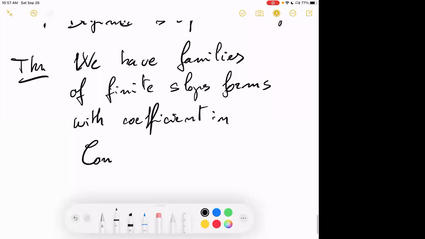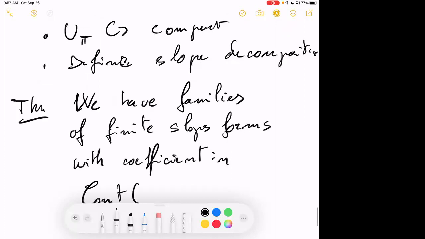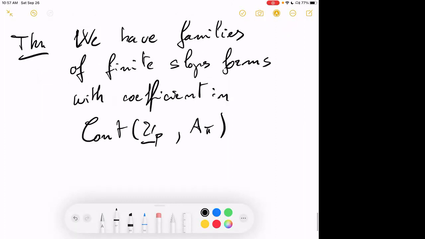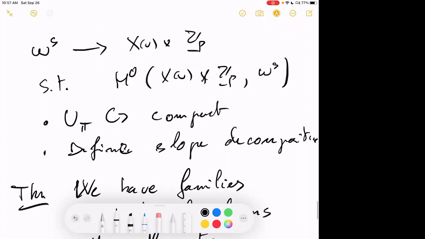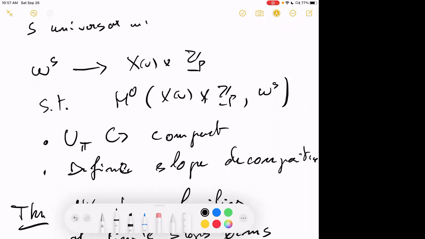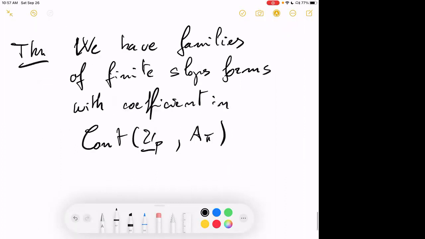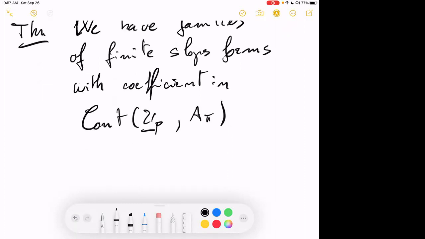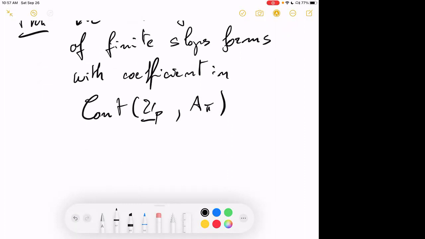Continuous functions from Z_p into A_pi. So, well, if one studies this as a locally constant group scheme, you see that the functions there are nothing else than the continuous functions from Z_p to A_pi. And so somehow we are a bit weaker than in the case of Coleman families.